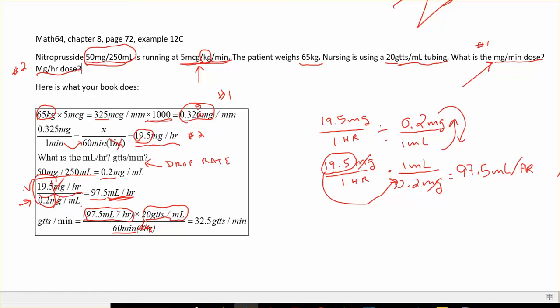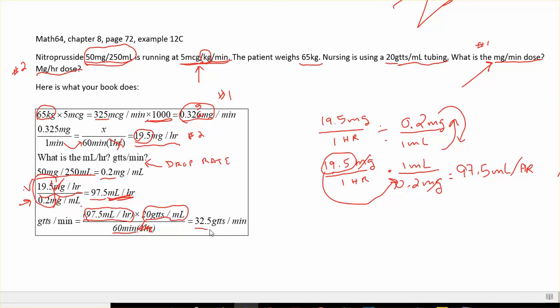So if you have 97.5 and you multiply it by 20, and let me make sure that that's correct, 97.5 times 20, divided by 60, okay, 32.5, so I agree.